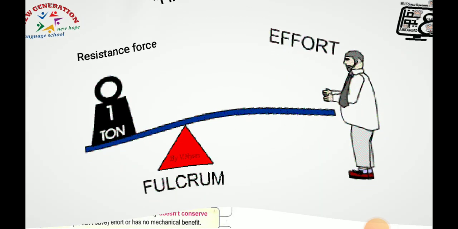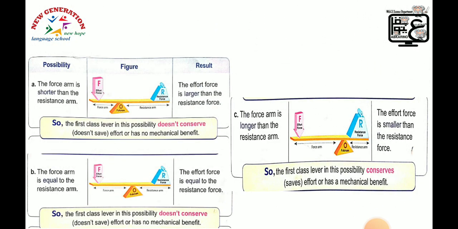Number one, the force arm is shorter than the resistance arm, so the effort force is larger than the resistance force. So the result is the first class lever in this possibility doesn't conserve. Conserve means save; doesn't conserve or doesn't save effort, or has no mechanical benefit.